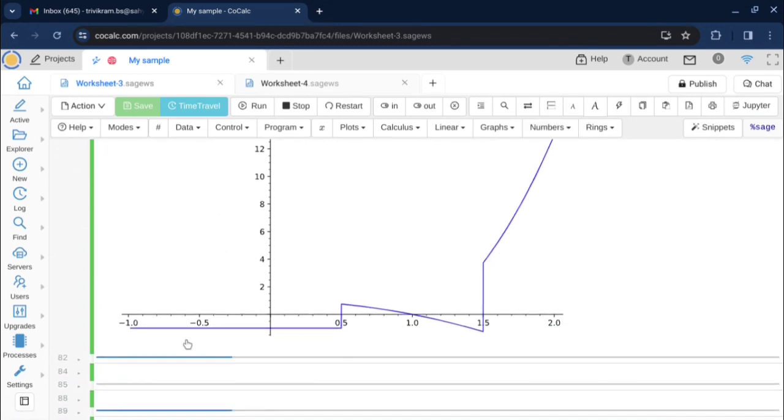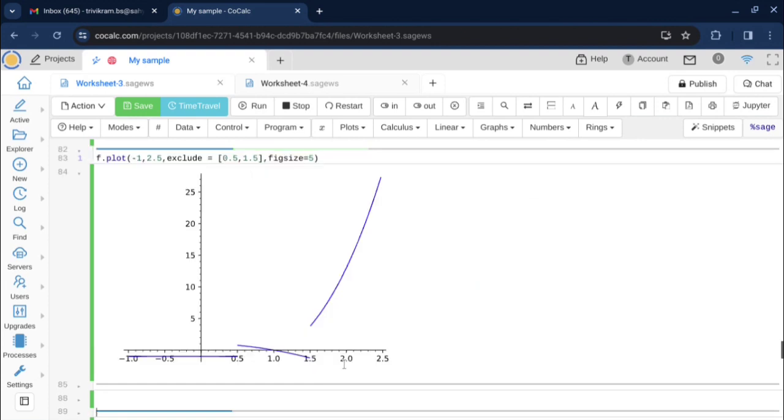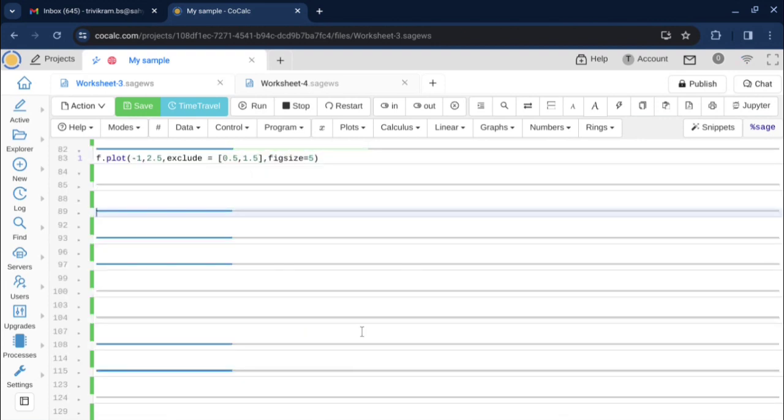Okay, now I am going to set this figure size as 5, so it will be looking like this. So here I am going to exclude the curve between 0.5 to 1.5. So even you can exclude the curves between the points. So let us observe.